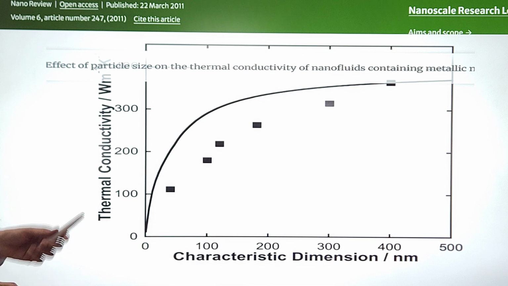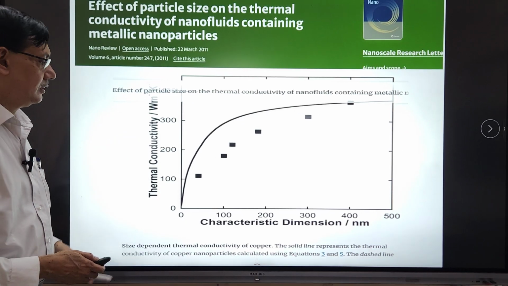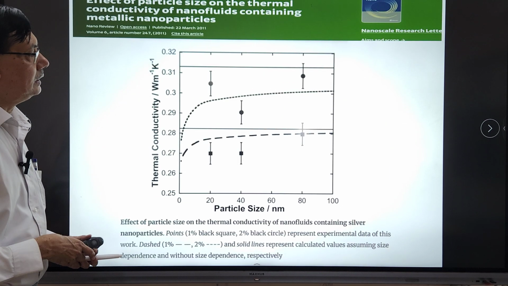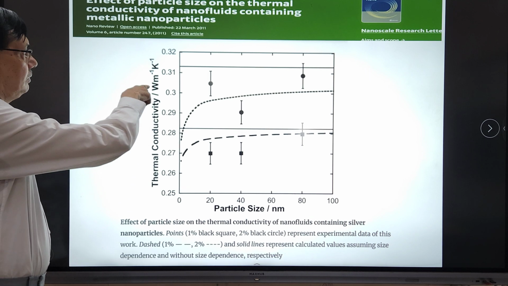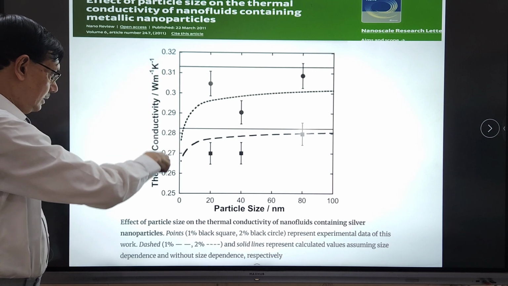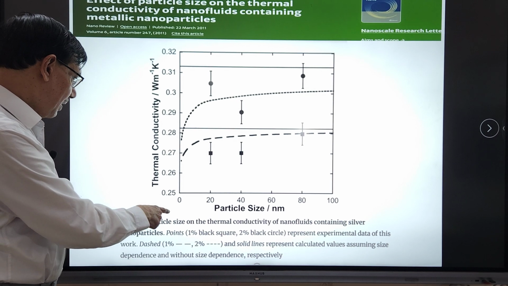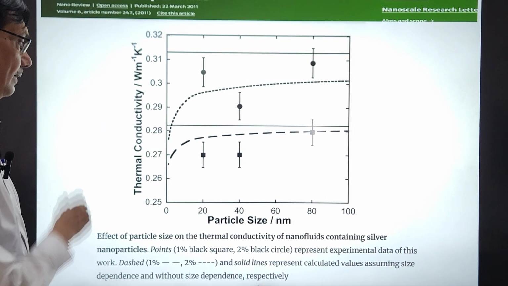I am also giving another example from the same paper, I think for the silver nanomaterials. You see this is the thermal conductivity, the unit is there, and they are giving different values for the effect of particle size on the thermal conductivity of nanofluids containing silver.